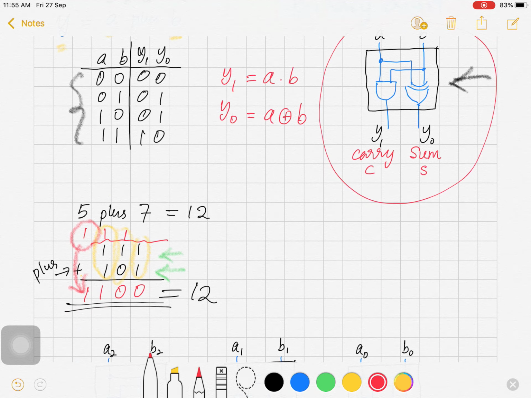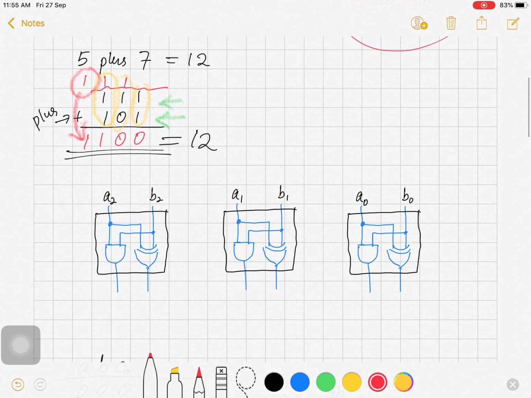Let's take 3 units of this adder and cascade them in this manner from right to left. Because A and B now are 3 bits, here we have A2, A1, A0 equal to number 5, which is 101.